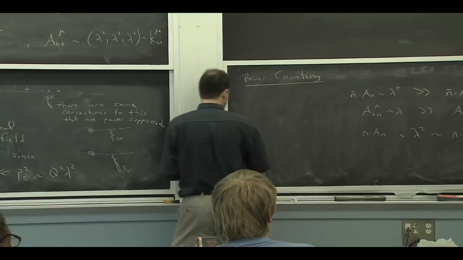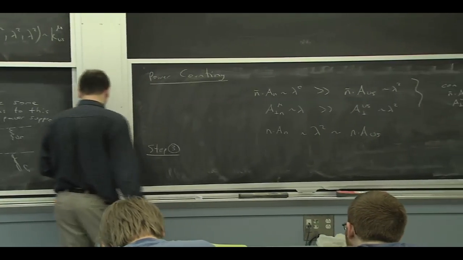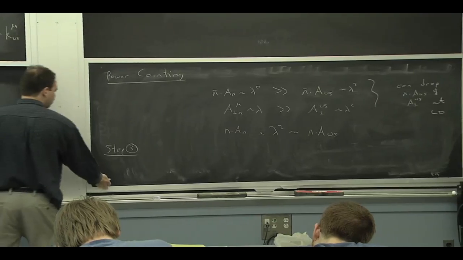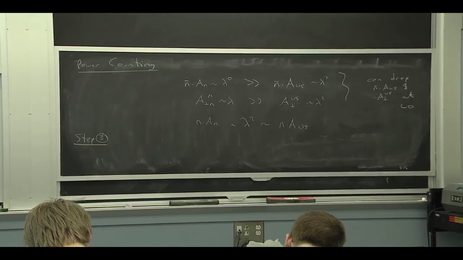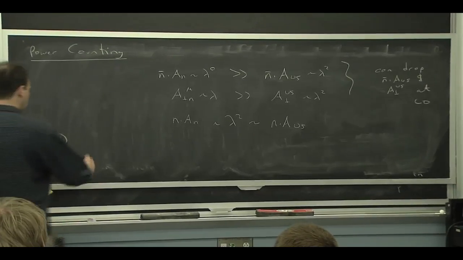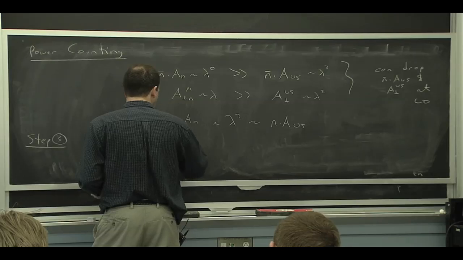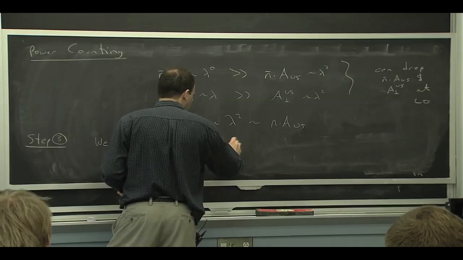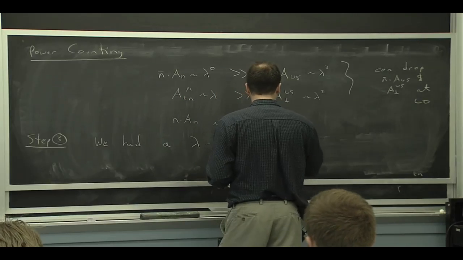Step 3. Step 3 corresponds to dropping a momentum relative to another momentum. So there was an expansion of the propagator in the case where we had an ultrasoft and collinear at the same time.